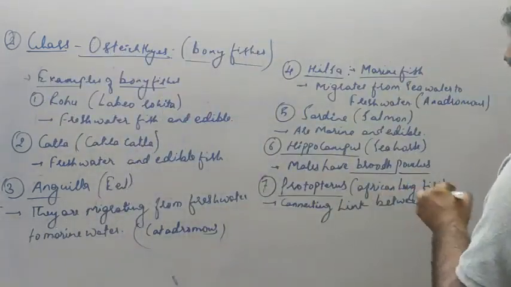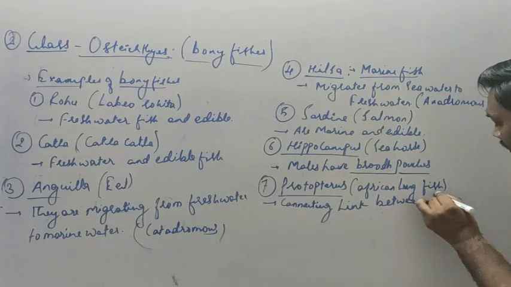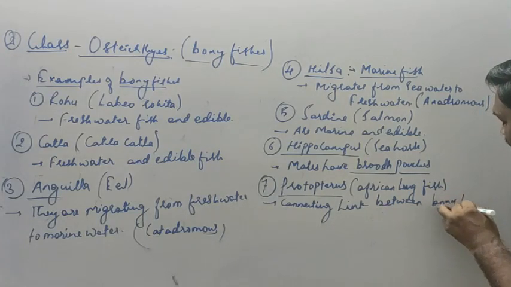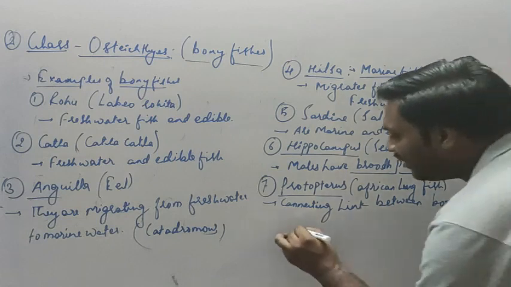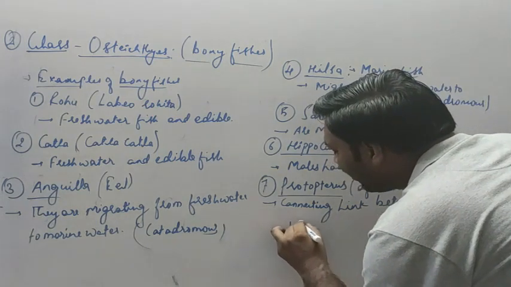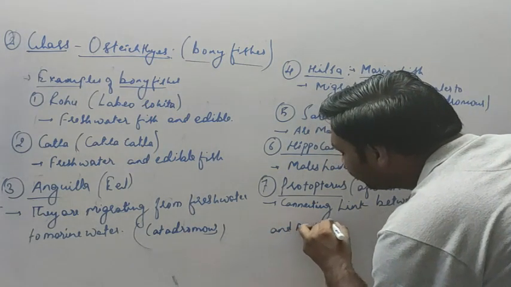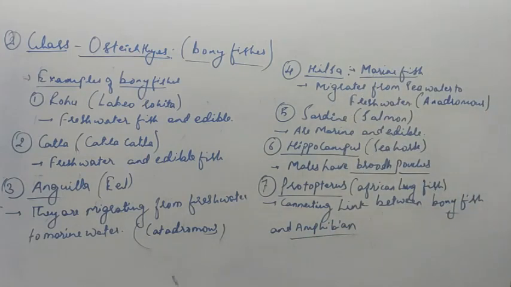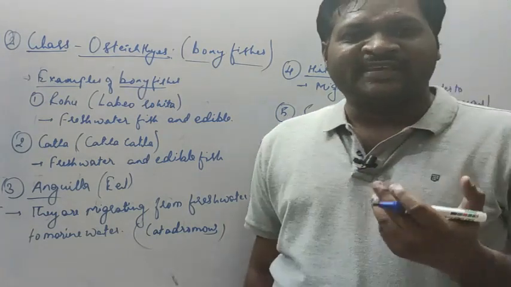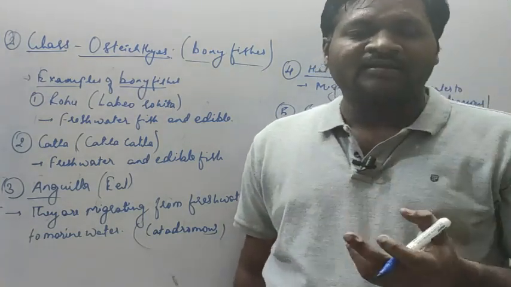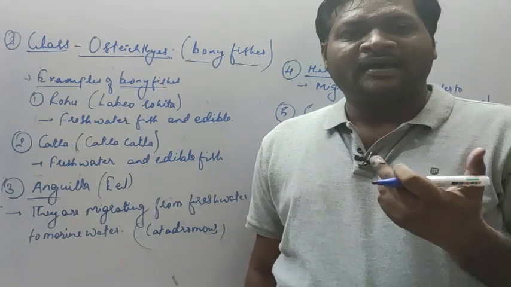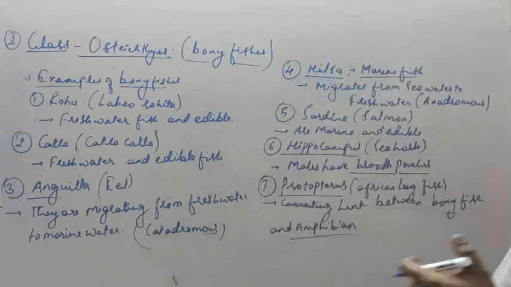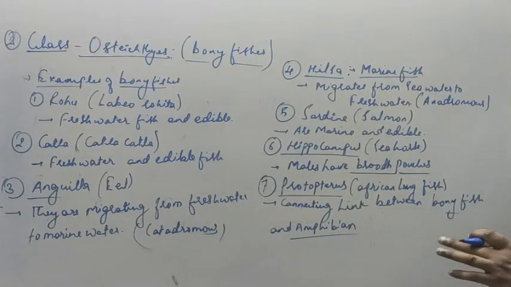It acts as a connecting link between bony fish and amphibian. The structures present in the bony fish are scales and the lateral line organ. Lateral line organs are like rheoreceptors which help in the swimming of the bony fishes.